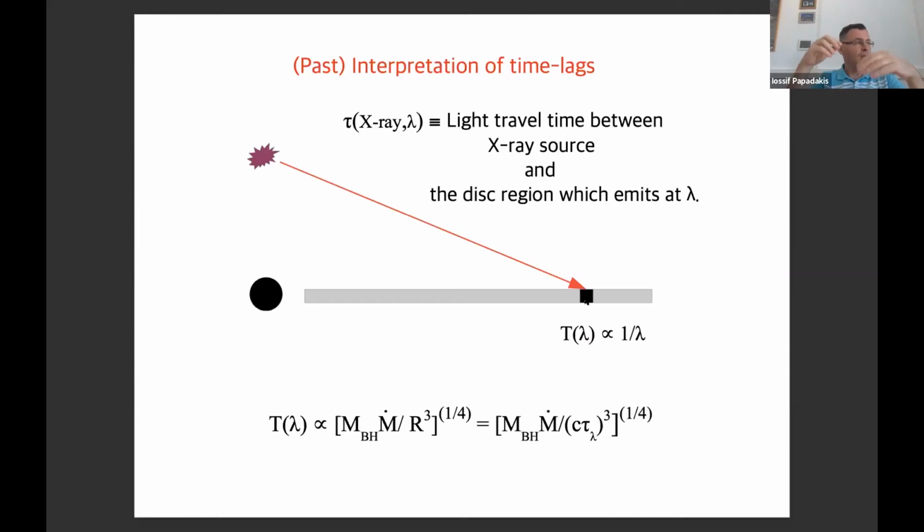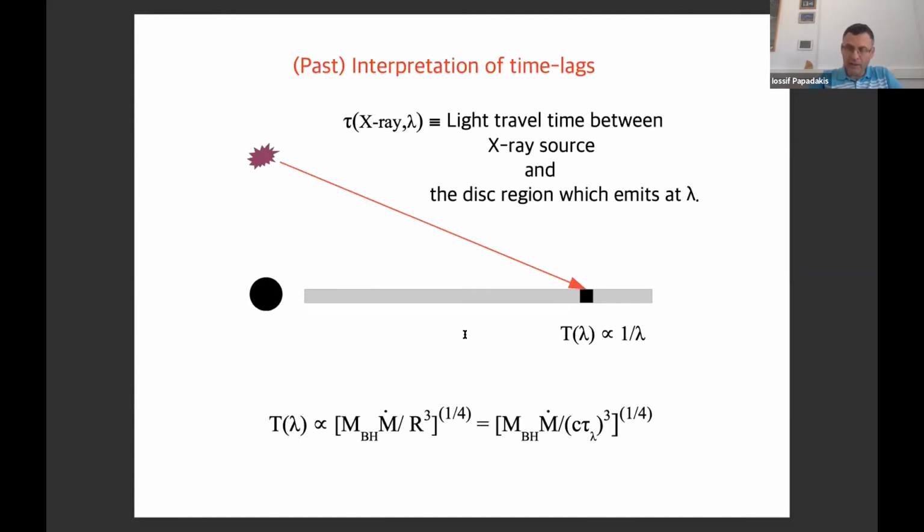So suppose you have the V-band filter, approximately 5,100 angstroms, and you say, most of the light that I'm going to see at this wavelength comes from this part of the disk where the temperature is such that Wien's law is fulfilled. So the delay that I observe is more or less the time it takes for the light from X-rays to come to this part of the disk, heat it up, and then I will see it if I am in this direction.